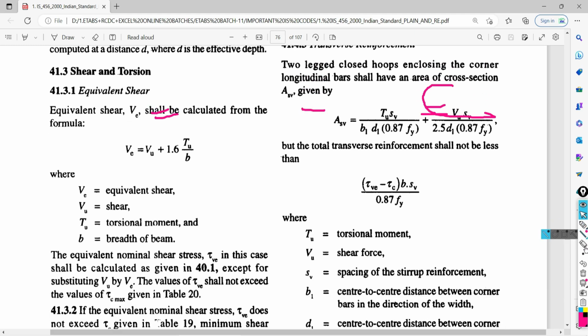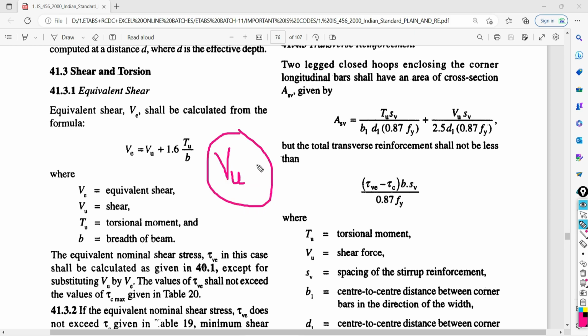When you are going to design your beam for shear force, the basic ultimate shear force will not be enough. You have to add the value of the torsional effect, 1.6 multiplied by torsional moment divided by width of the beam. By this formula, you find the equivalent shear force.